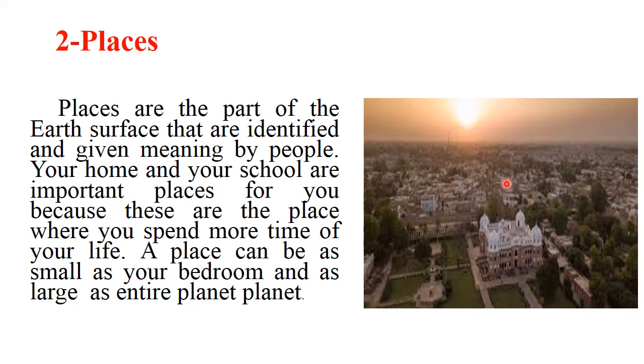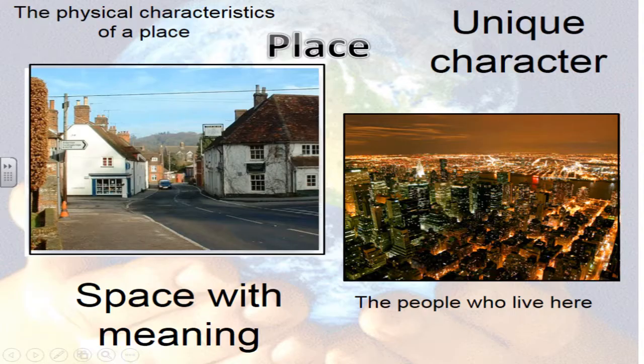If we consider this picture as the place of one thing, then we say it may be the place of a city. Physical characteristics of a place. This is a place, a space with meaning, and it has a unique character, the people who live here.